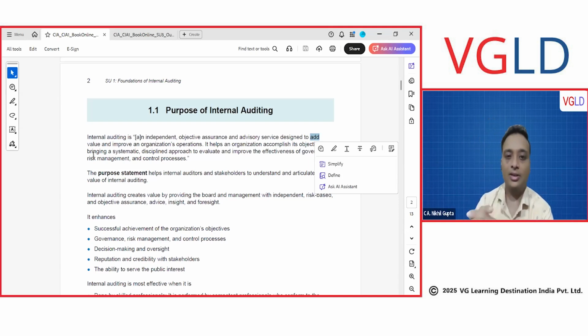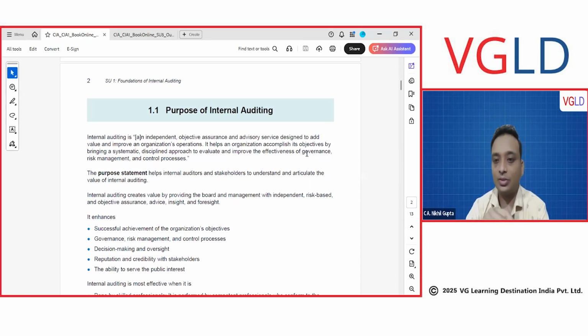We have to understand that if we are selling some products, there should obviously be stock in place, which the purchase department may ensure by keeping the right set of inventories. So it is a disciplined approach for all the departments. We have to evaluate as an internal auditor and also improve the effectiveness of governance, which is policy and procedures like oversight mechanism, risk management in the entire processes of the company, and control processes.